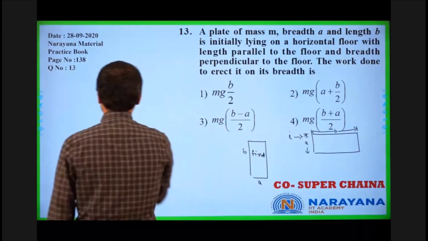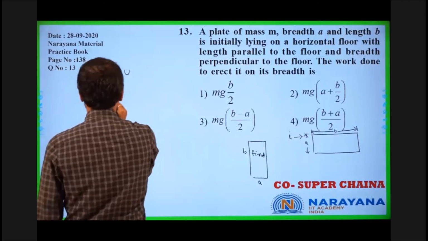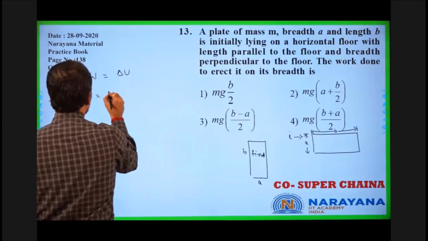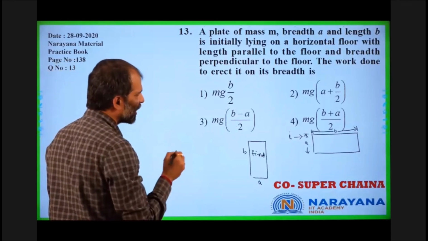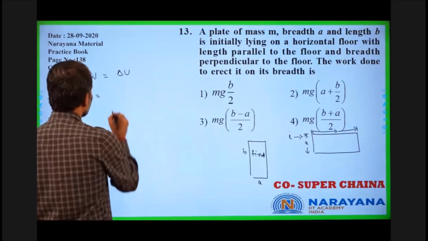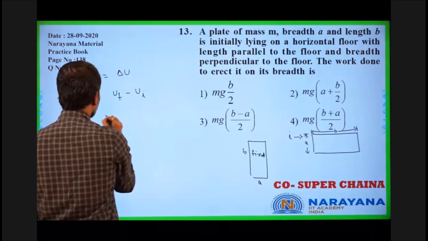So now here we would try to say that our work done is equal to the change in potential energy. Potential energy is mg into h, and the center of gravity lies exactly at the center. So it is final potential minus initial potential.